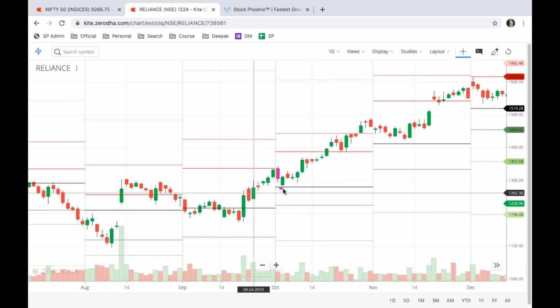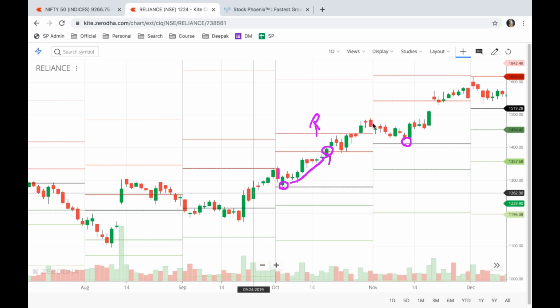Stock falling down took a support from here and started moving up, and when it goes near the pivot point, it will have a small resistance. Maybe if the stock is in a good trend, it will go up, but whenever the stock nears any pivot point, there will be a cushion of support and also resistance.